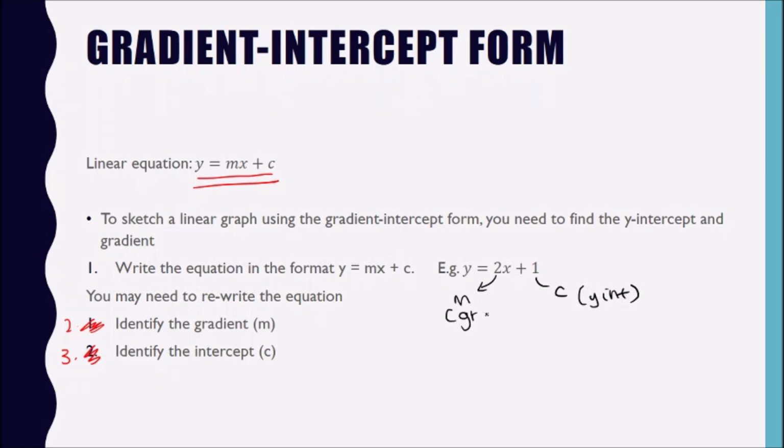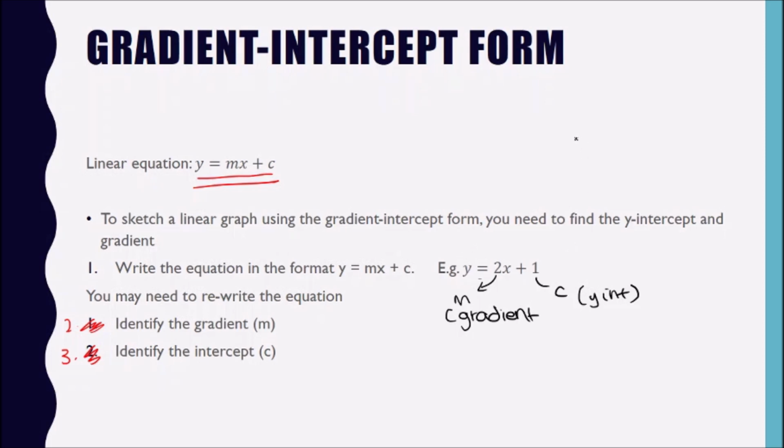Sometimes questions give you a rearranged equation which you have to rearrange so that it is in the form where you see y first, then an equal sign, then x, and then the number without x. You always must make sure that y is by itself.